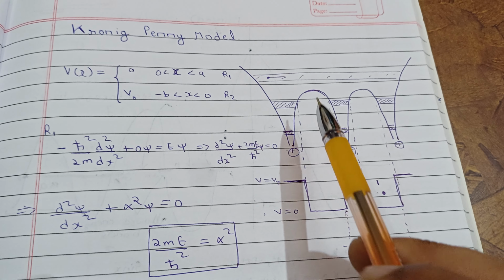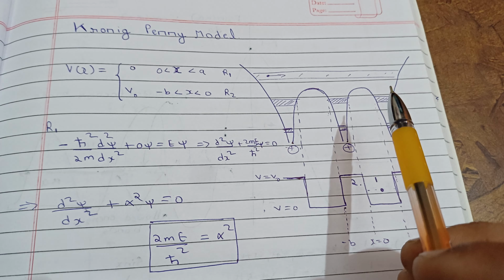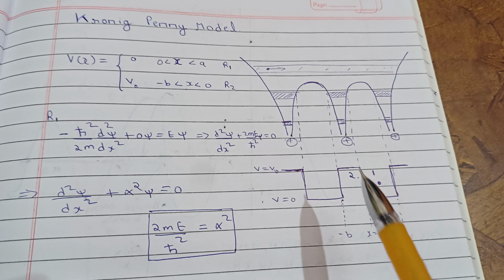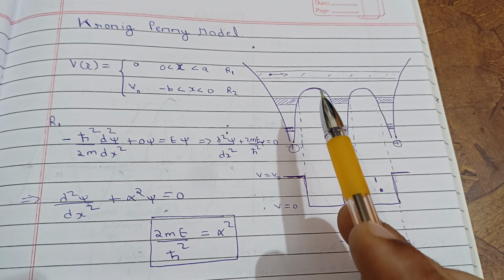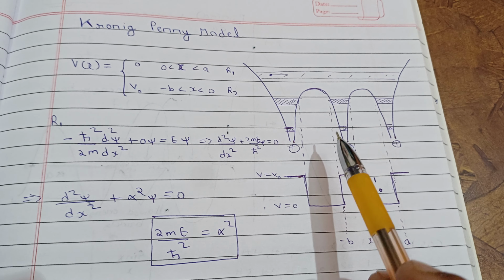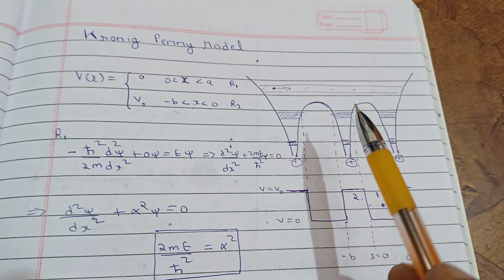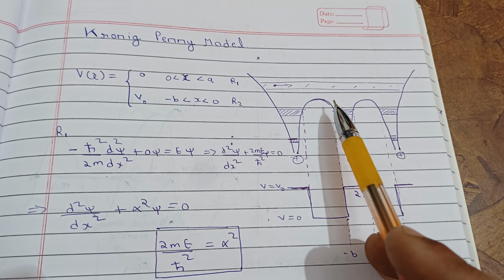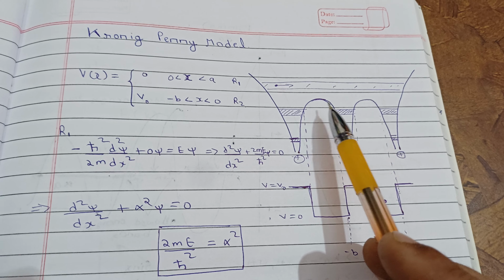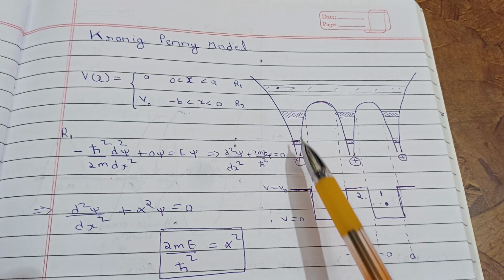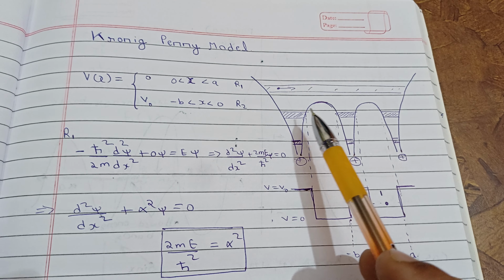If there is an electron and we want to plot the potential, then we can plot it like this. In the Kronig-Penney model we consider that this region has the same potential, and this one is the same and this one is the same.